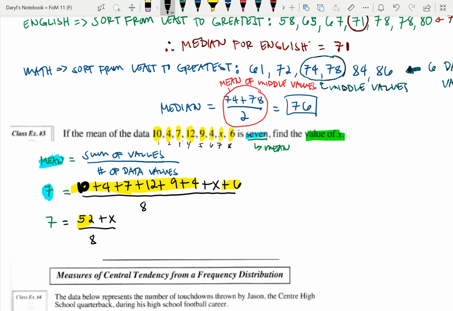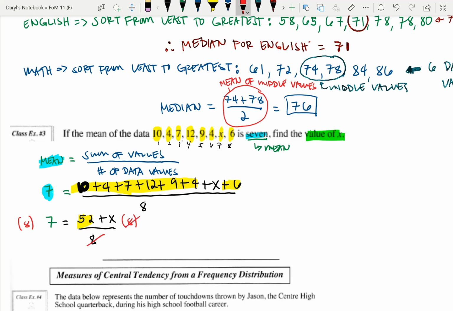So if you can remember how to solve this equation, I'm going to multiply both sides by 8, so that I can cancel the denominator 8.